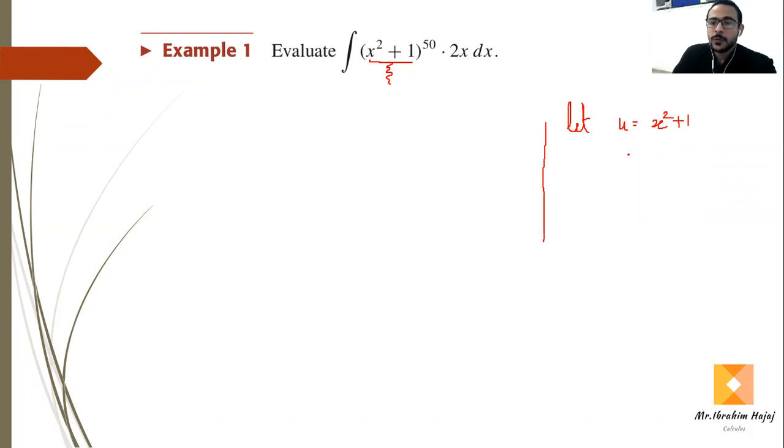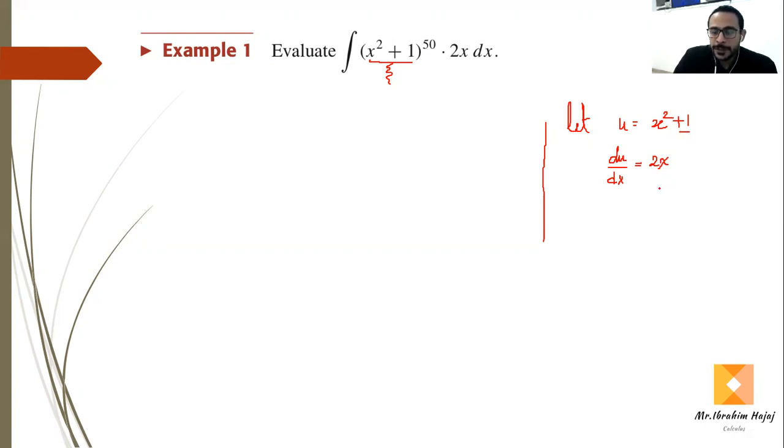Okay? Step 2 is to differentiate, find the derivative of this equation, u equals x squared plus 1. Who can differentiate this one? The differentiation of u is du over dx, equal to the derivative of x squared, which is 2x: drop down the exponent and subtract 1 from the exponent, and the derivative of 1 is 0.